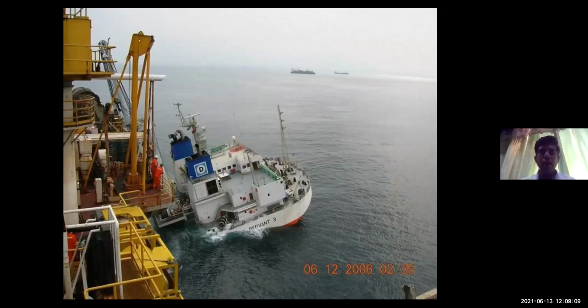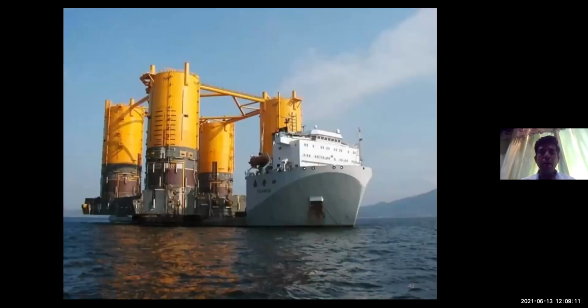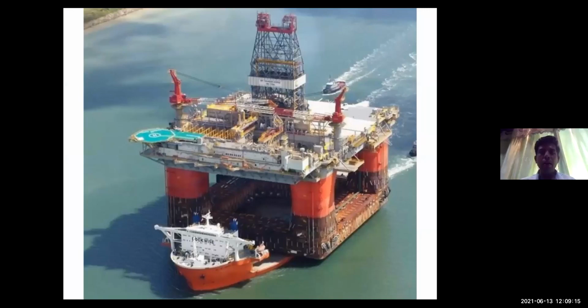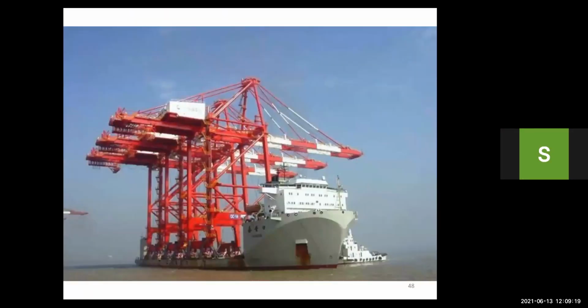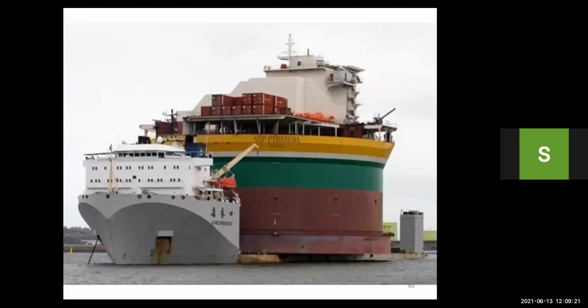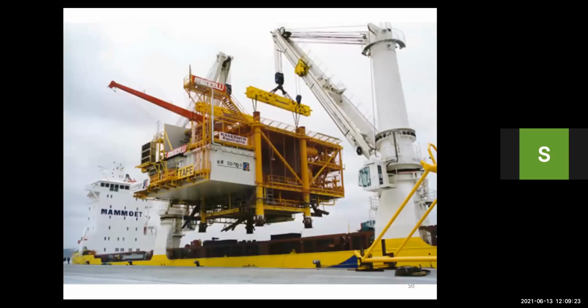And this is a special type of vessel, carrying gantry cranes over it. Specialized. This is again a multi-purpose vessel.